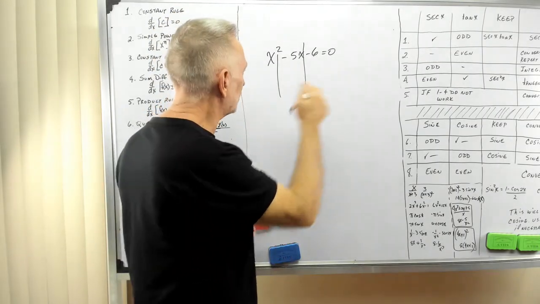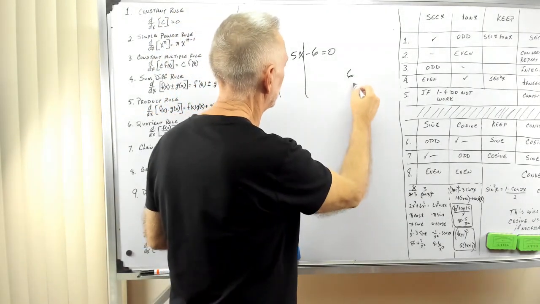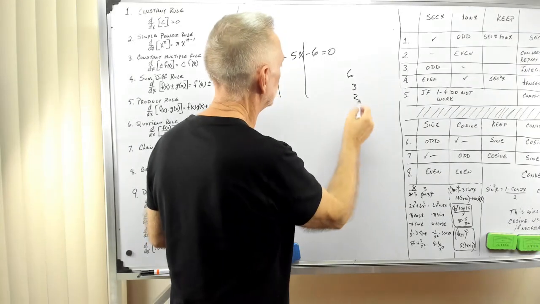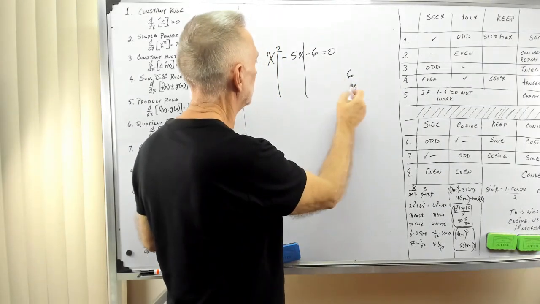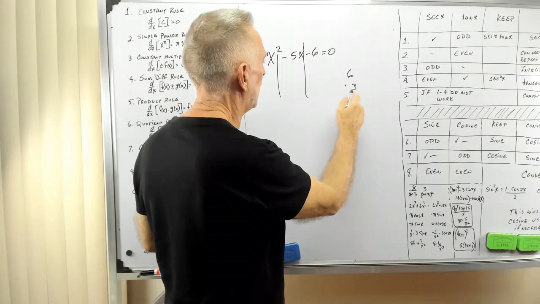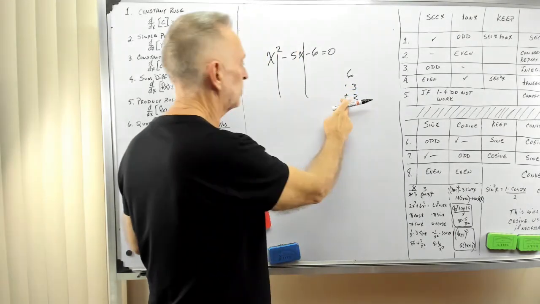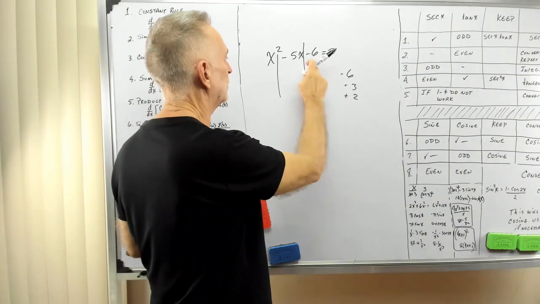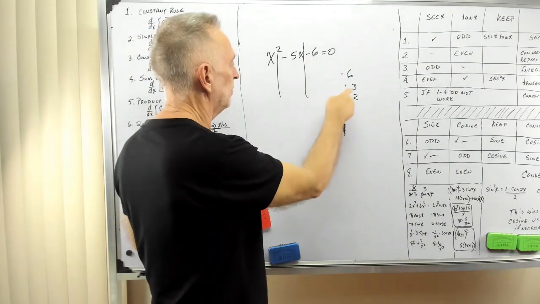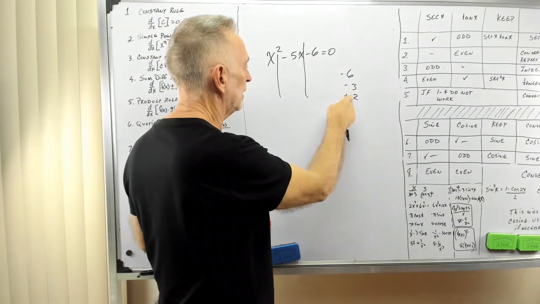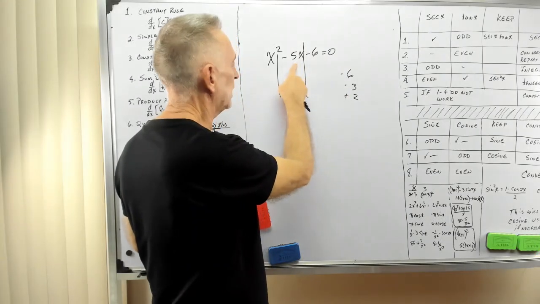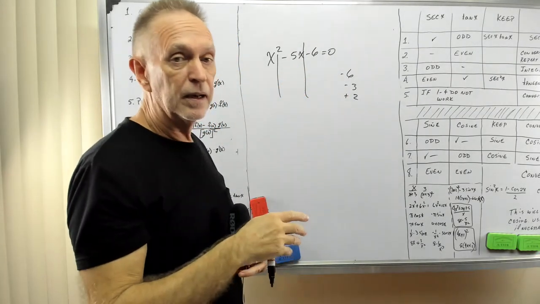So the factors we know of 6, there's 3 and 2. 3 times 2 is 6. I could have a negative 3 and a positive 2. Negative 3 times positive 2 gives me this negative 6 that we're after. But when I add negative 3 to a positive 2, I get a negative 1. I don't get negative 5.